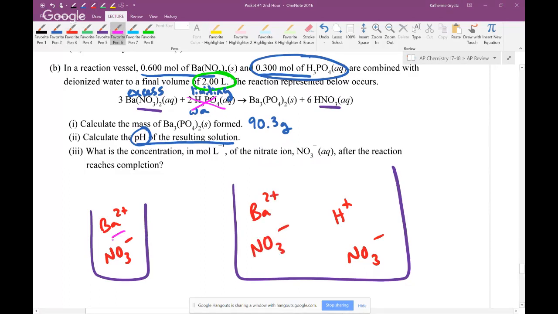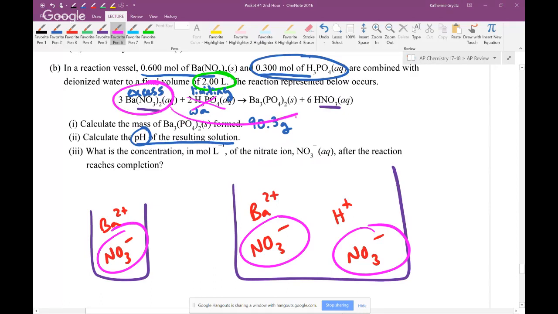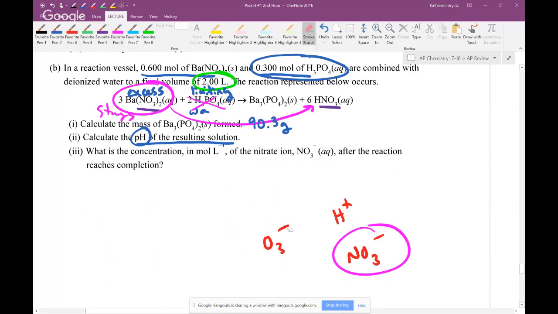But the total amount of NO3 that you started with is not going to change because it's still going to be soluble. Whatever NO3 you started with over here, some of it changes to this and some of it stays as this, and then you would add the two together, but it's not going to be any different from the original amount of nitrate, because nitrate didn't change into a solid or anything. Nitrate's a spectator the entire time, so it's just going to sit there.